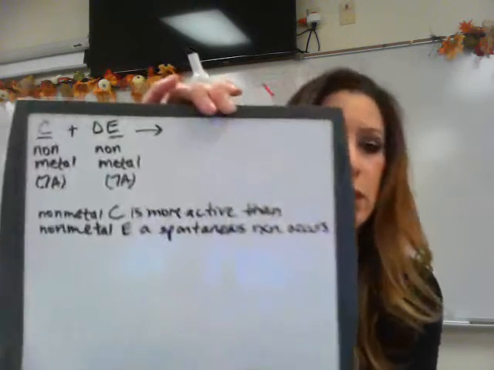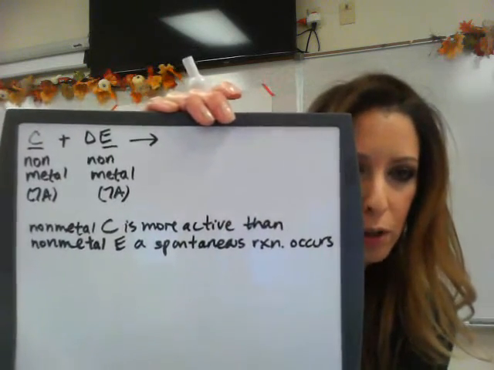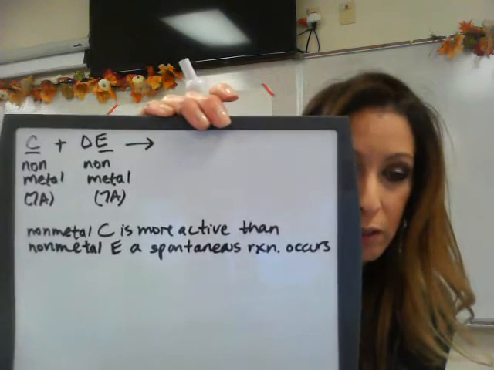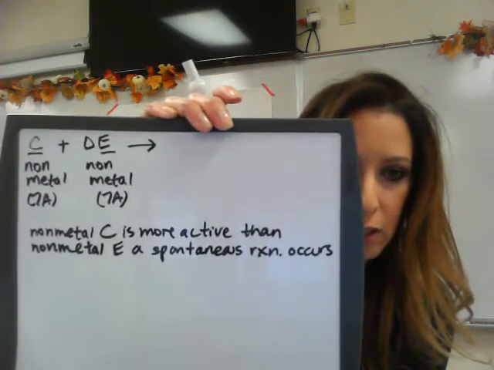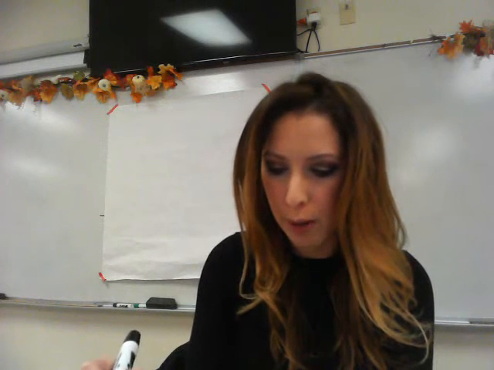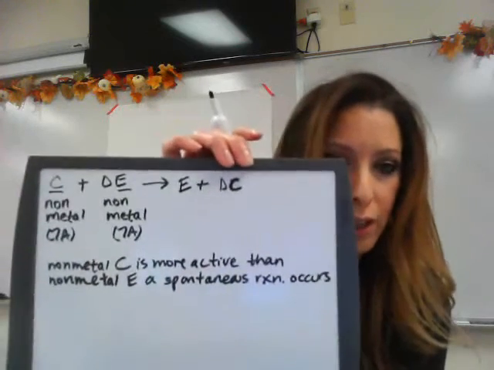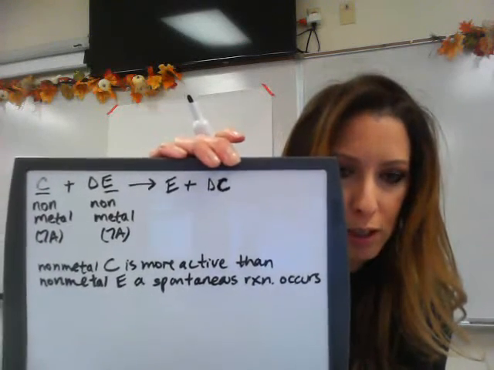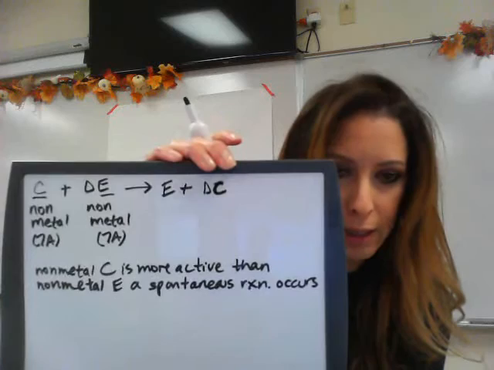So nonmetal C has to be more active or further to the left in the activity series of halogens than nonmetal E. They will trade places. You'll kick out E by itself and you'll produce compound DC. Now remember, D is the metal or the cation, C is the nonmetal or the anion. It must be listed second.